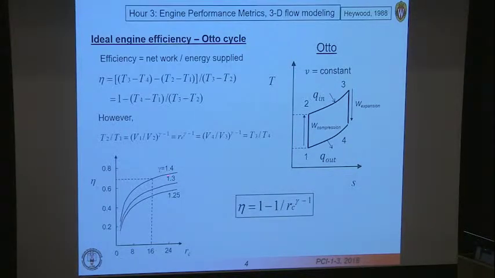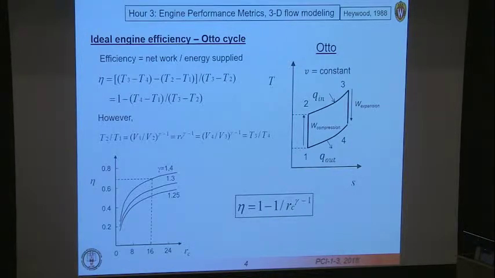However, when you add other species to the mixture, like some gasoline to the air, gamma is reduced. In fact, you can see from these charts that the efficiency versus compression ratio decreases significantly depending on the value of gamma. So this is something to remember when comparing different engine concepts: depending on what you're compressing and so on, you can have quite different efficiencies.